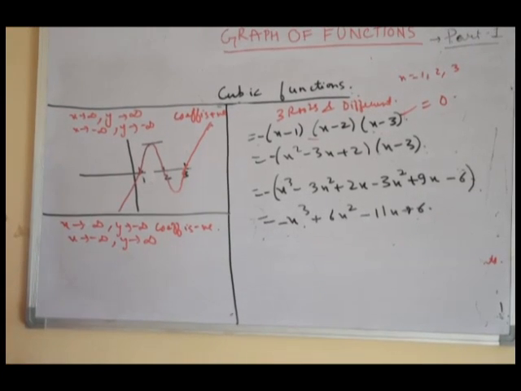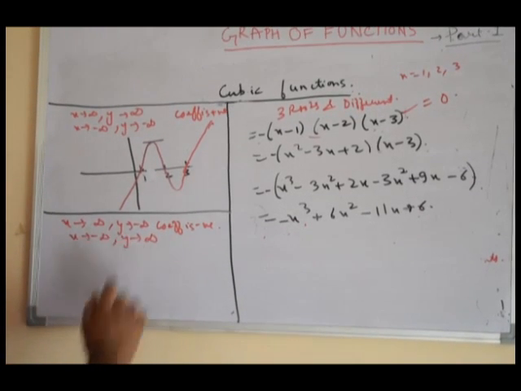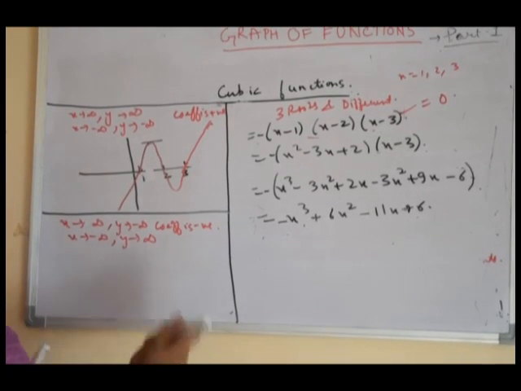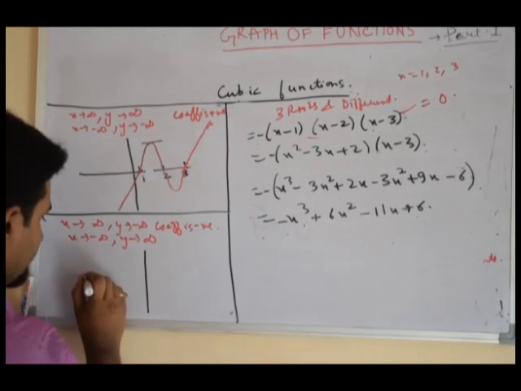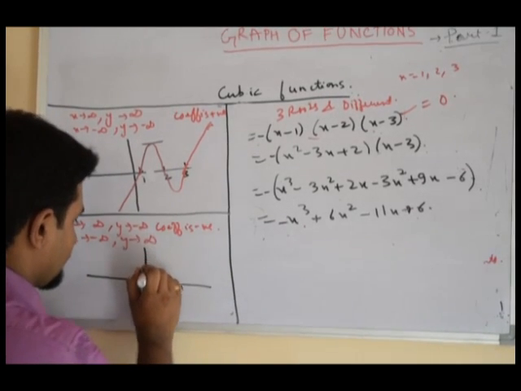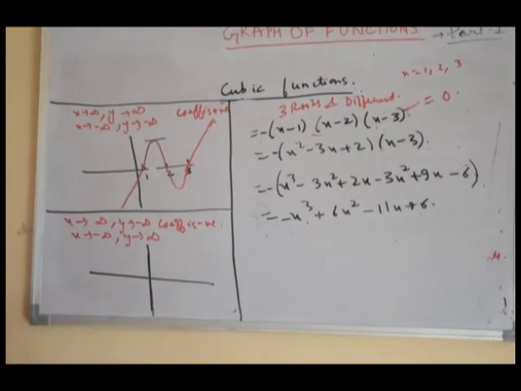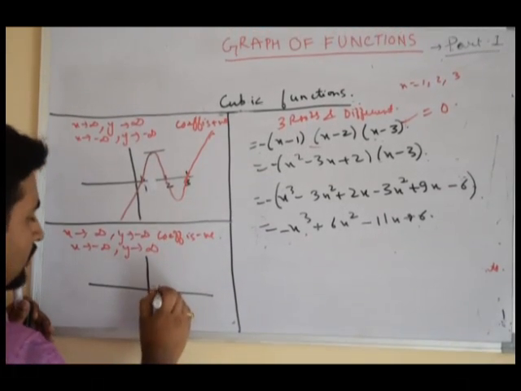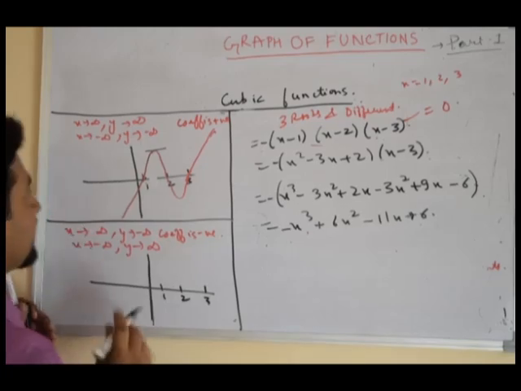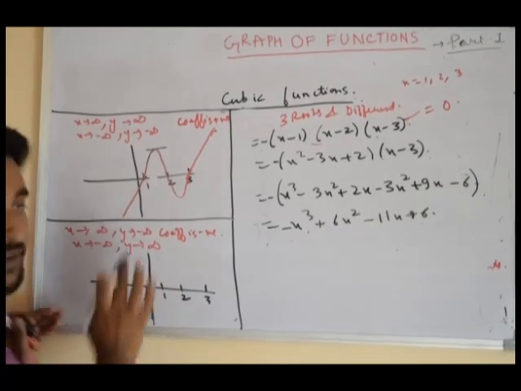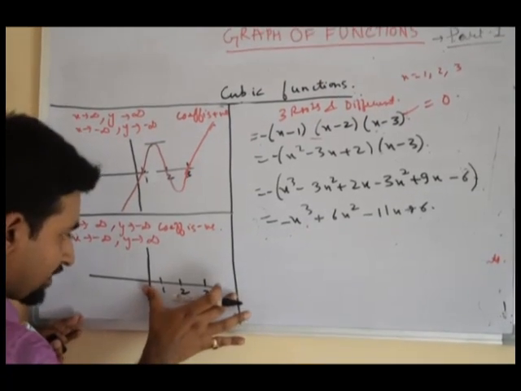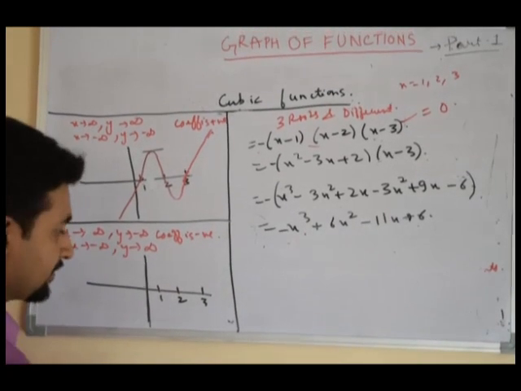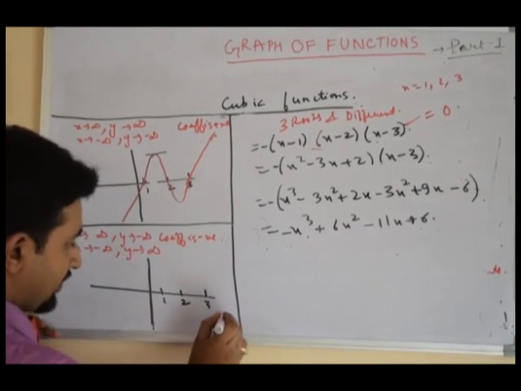Now suppose we have to plot a graph for this function. Here you have 1, 2 and 3. When x is positive, y is negative, so the graph will start from here.